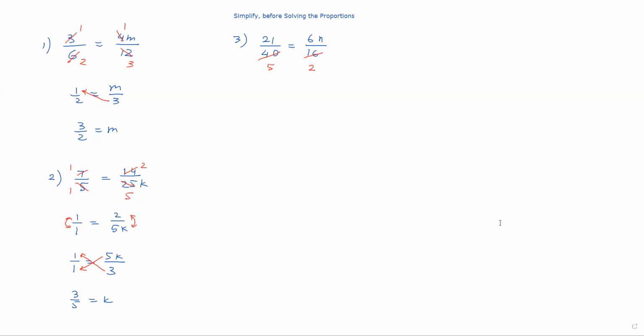We can look at 21 and 6, and both of them can be divided by 3. So 21 divided by 3 will be 7, and 6 divided by 3 will be 2. We're going to rewrite this so we have a clean version of it.